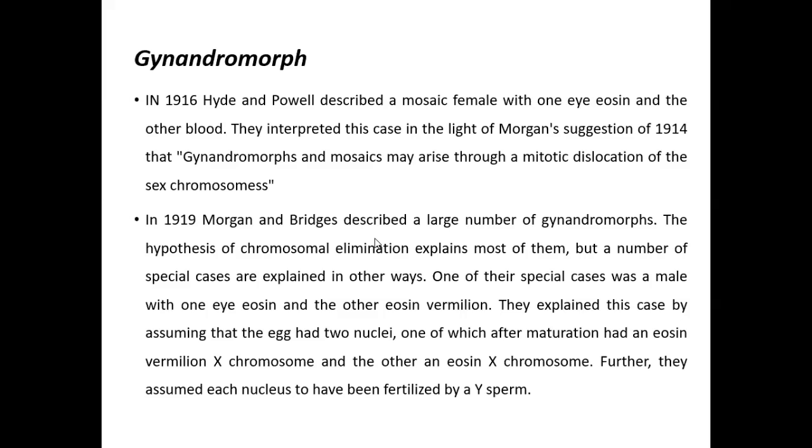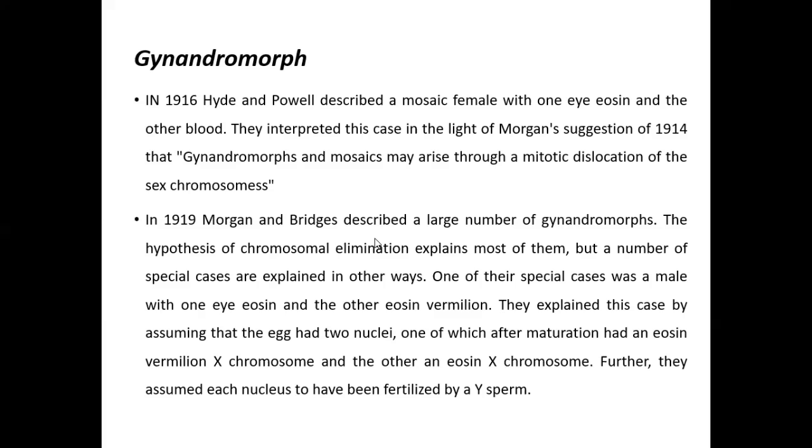On the other side, the body has double X chromosomes. These divisions are according to the mitotic division, where the sex chromosome separated during mitotic divisions. Generally this is not happening, but when this thing happens, that's called gynandromorphs. That means half of the part will be male, half of the part will be female.